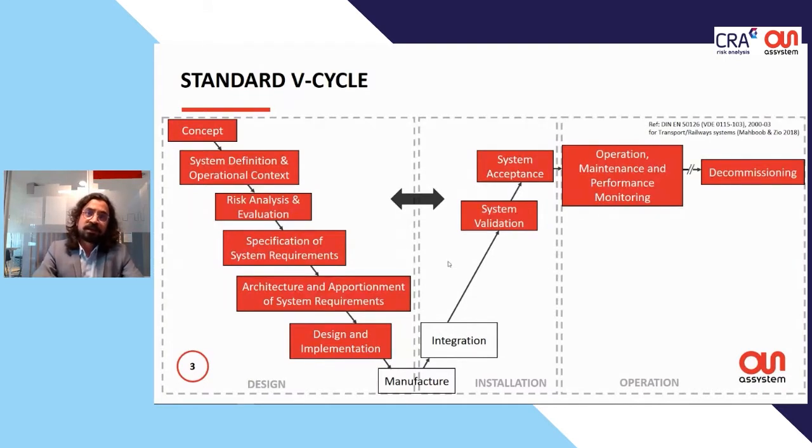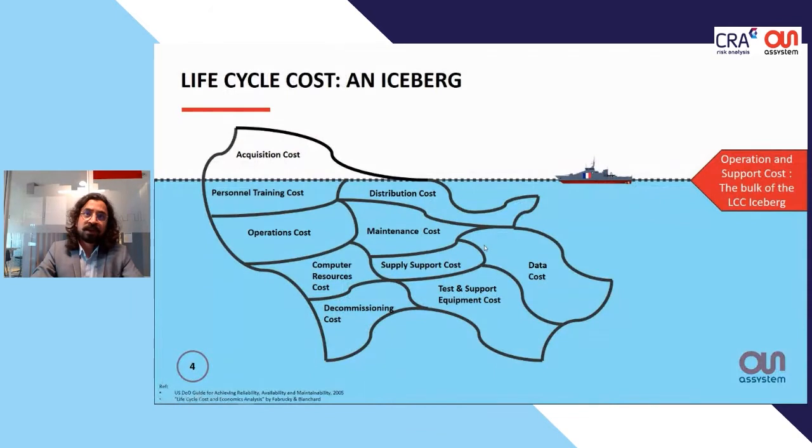Now, the idea here is to integrate all three aspects: system modeling, the RAMS, and the PHM. And why do we need to do that? Because when we consider the life cycle perspective of a system, as you can see, the operation and support cost forms the bulk of this iceberg.